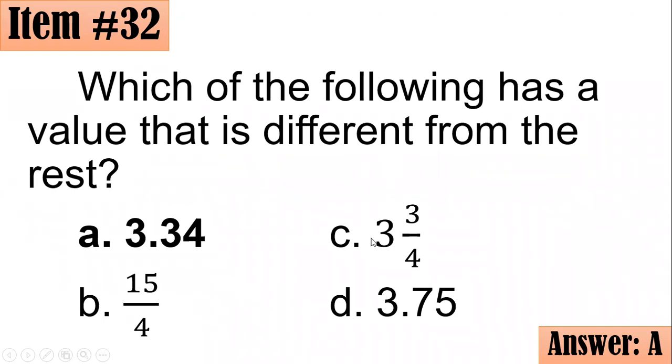So that's 4 times 3, that's 12. Then you add the numerator, so that's 15 over 4. And 3.75 is equal to 3 3/4 as well. That's why B, C, and D are equal. And 3.34 is different from the rest. So tama nga po na yung sinagot po natin ay letter A. So good job po.